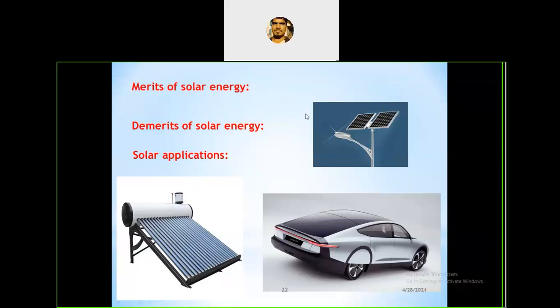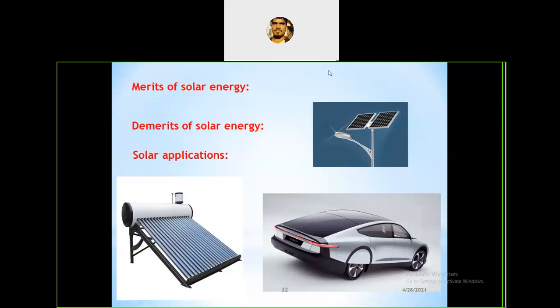The first important merit is that it is an environmentally friendly and clean source of energy. It is eco friendly and produces very little pollution. It won't produce toxic gases like nitrogen oxide, sulfur oxide, carbon dioxide or carbon monoxide. It won't produce such toxic byproducts.